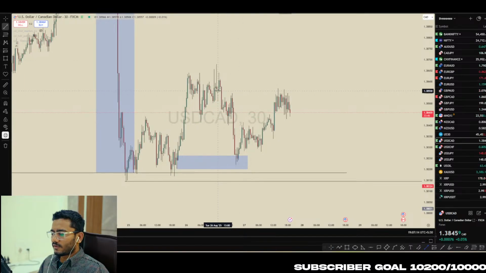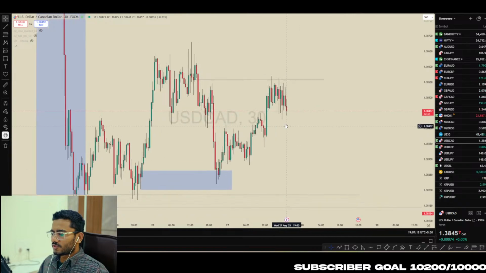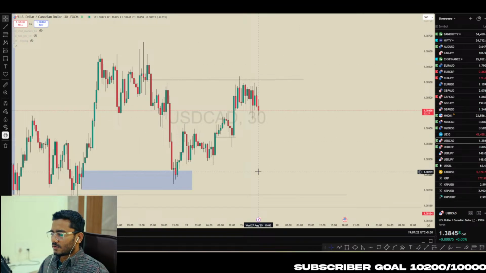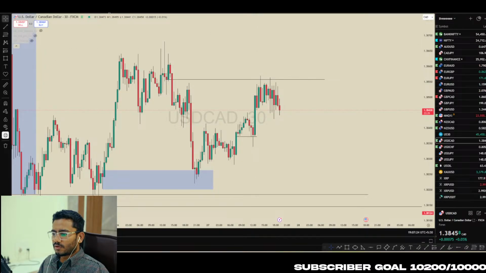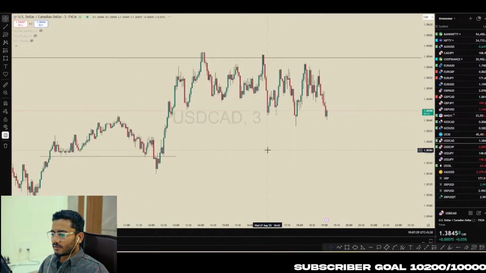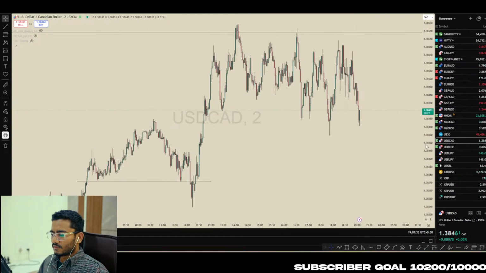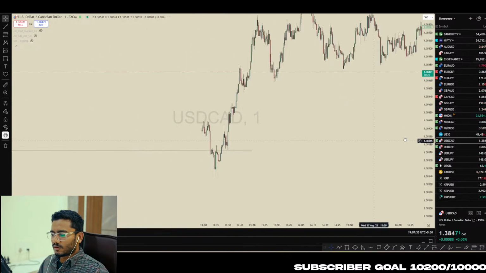right now price is reacting from the sell side setup, but we have this buy side opportunity over here. These equal lows were broken by this order block. If you go to 15 minutes, 5 minutes, 3 minutes, 2 minutes, there is a breaker block and order block setup here.